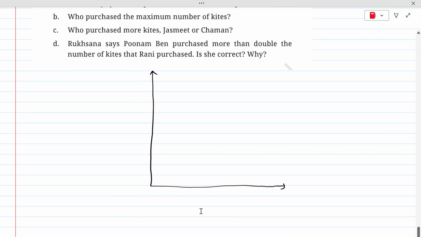So, on this axis, we are representing the number of kites sold. Okay? I am writing number of kites sold, and here I am writing the name of the shopkeeper. So, I am writing here shopkeeper name. So, first we have Chaman. I am writing the name first. We have Chaman. Then we have Rani, Ruxana.